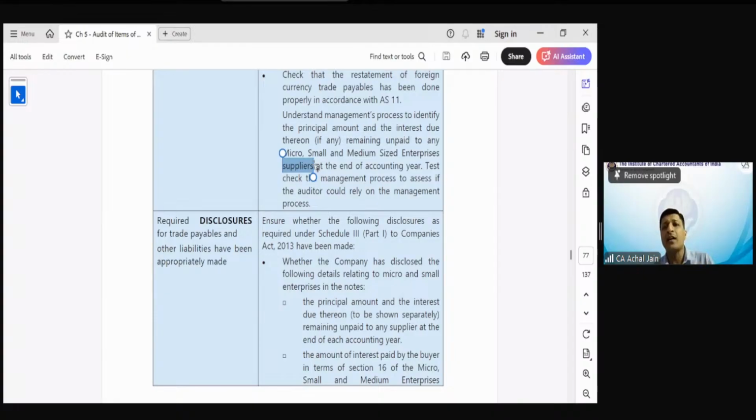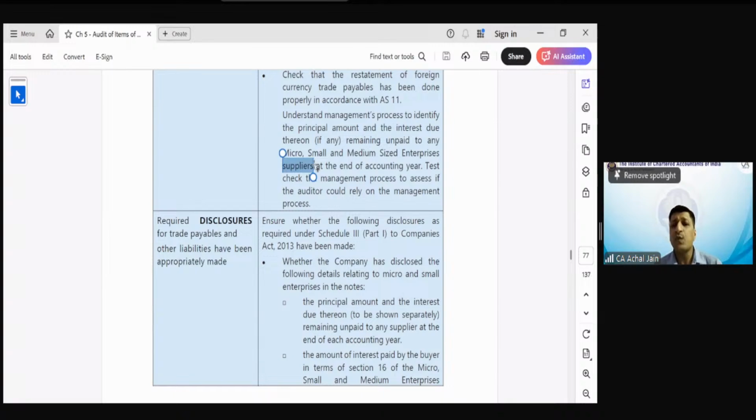So there's a separate act, MSMED Act, which talks about this criteria. If these parties are falling within this MSMED criteria, then certain disclosure requirements need to be made in the financial statements. If at all there are some dues to these MSME parties, then the interest needs to be recognized on the same. And the corresponding disclosures are also required to be made in the financial statements.